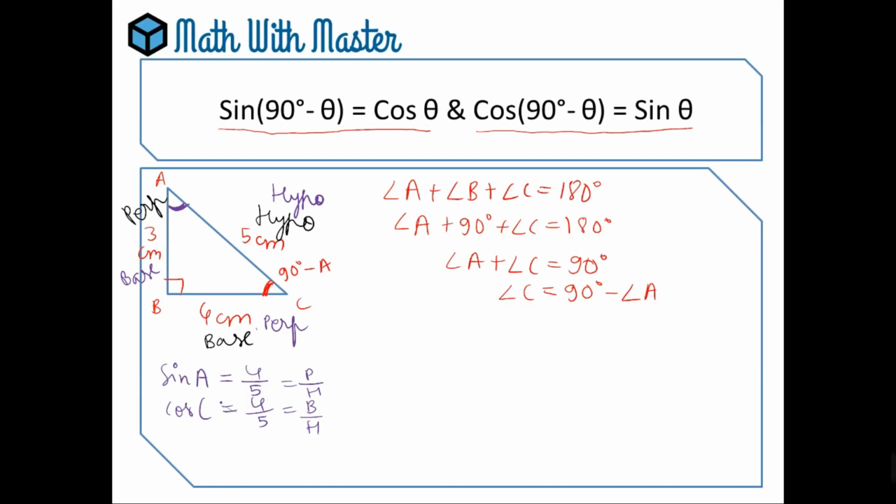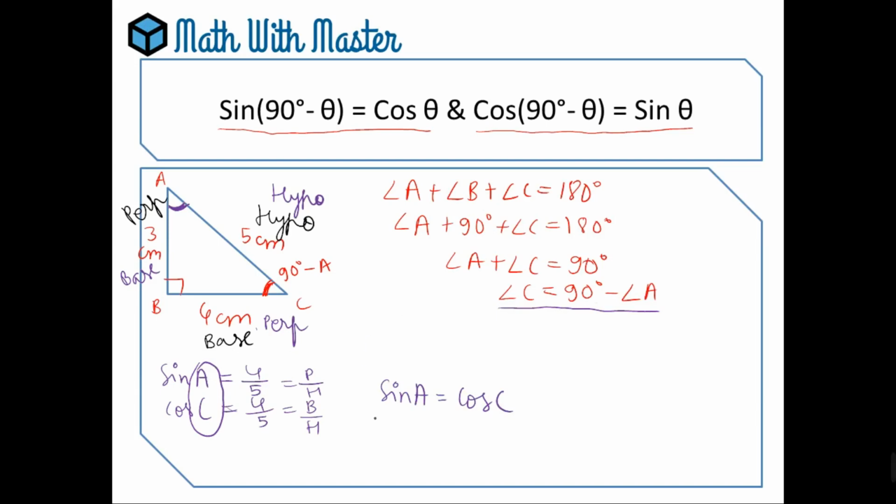So here you can see these two ratios are equal if these two angles are complementary. So we can write sin A is equal to cos C. Okay. So what is cos C?